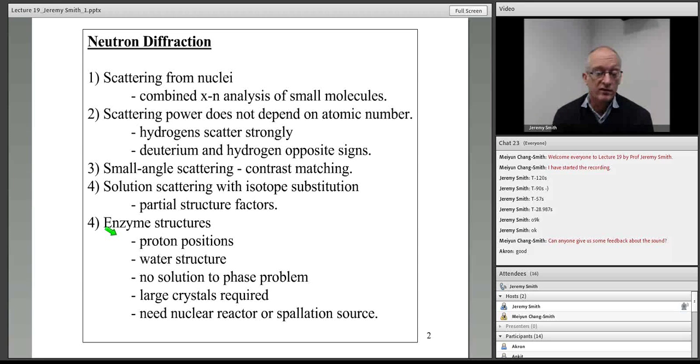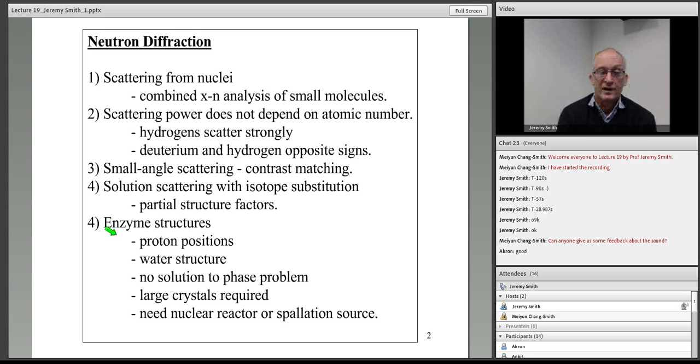Now, one of the things our lab does is calculate enzyme reaction mechanisms. So out of different possibilities for a reaction to take place, which is the one the enzyme actually uses? And our big problem in doing these calculations is the hydrogen atoms.